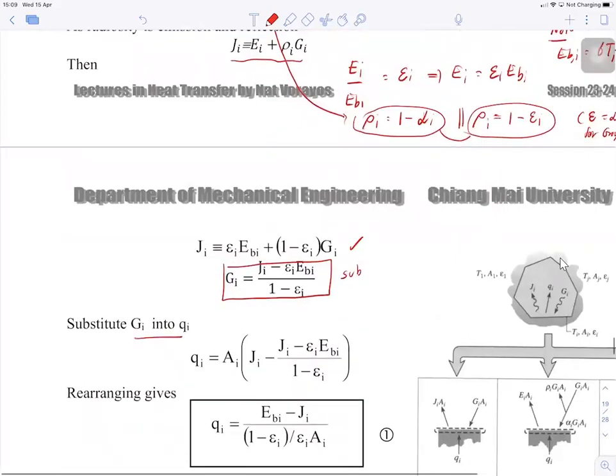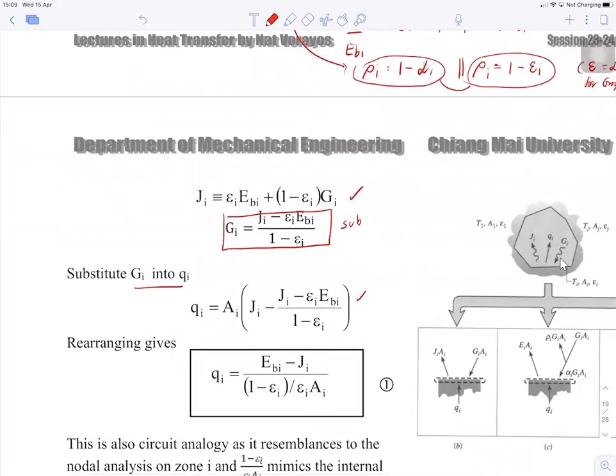Substitute GI to QI. This is what you're going to have. Rearrange the equation once again. This is what you're going to have.